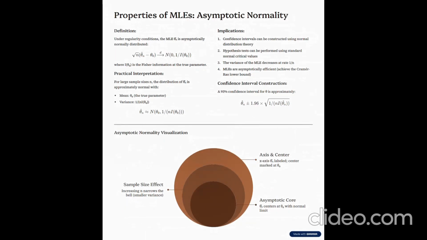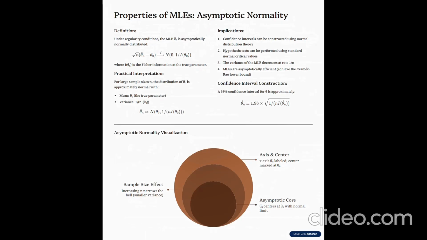Asymptotic normality property. Asymptotic normality is a powerful concept in statistics. It tells us that with large sample sizes, the distribution of our maximum likelihood estimate will follow a bell curve centered around the true parameter value.